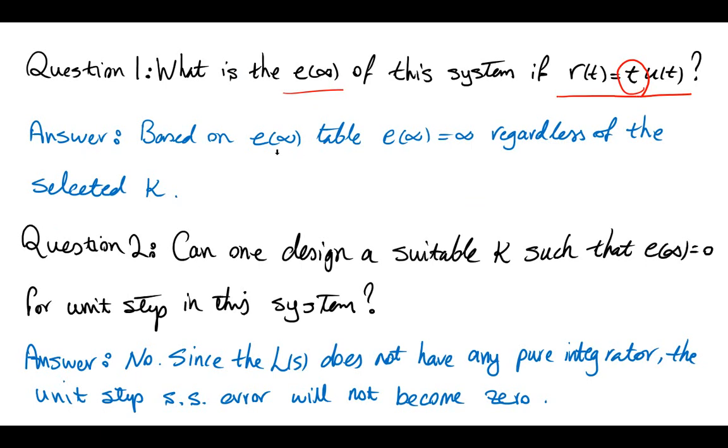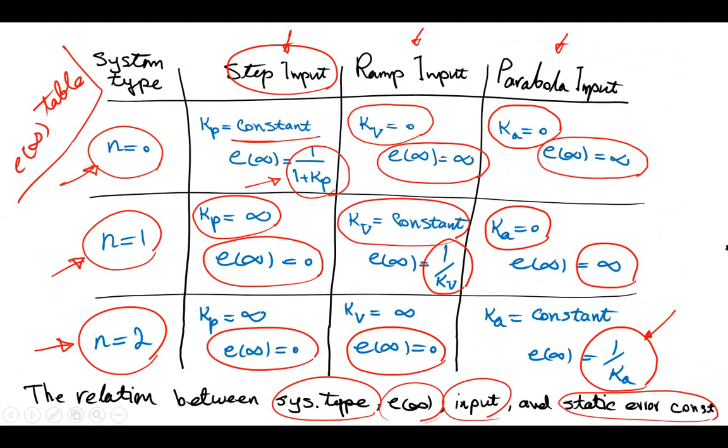Based on the steady state error table, the steady state error equals infinity, regardless of the selected k, because in the steady state error table, for a system type of 0, a ramp input results in a steady state error of infinity.